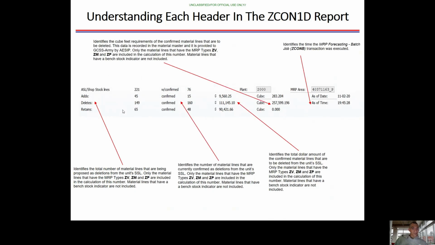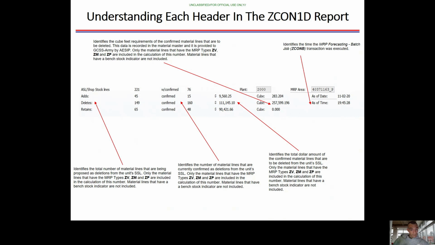So moving on to the delete side of the house. For deletes, this identifies the total number of lines that are being proposed as deletions. Like I said, it's running an analysis, so it's saying that there's 149 lines that need to be deleted. And like I said, Zulu Victor, Zulu Mike, Zulu Papa does not include anything that has a bench stock indicator. It's strictly your SSL. Confirmed is the number of material lines that are currently confirmed as deletion for the SSL.